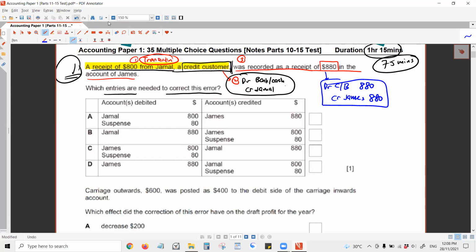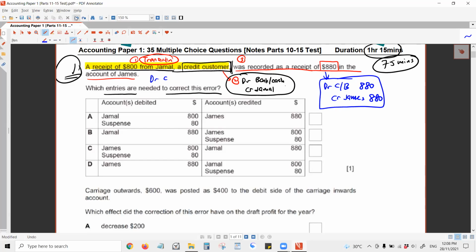When you have done enough questions for this topic, you must know what to assume. When they have not mentioned anything about the cash book, you have to assume that it is correct. So they didn't say that they debited the cash or bank wrongly, so we have to assume that is correct.